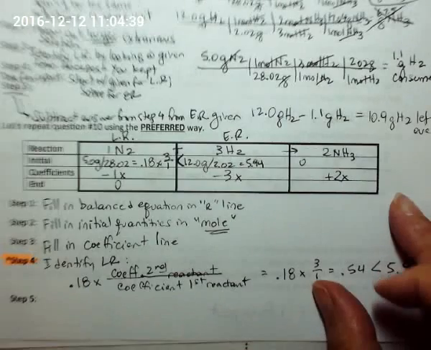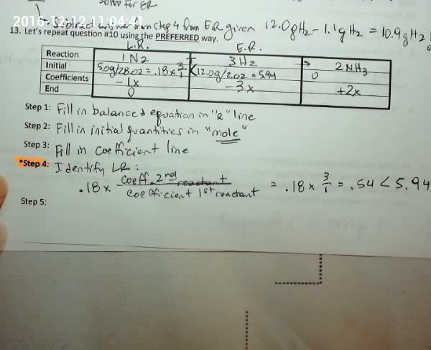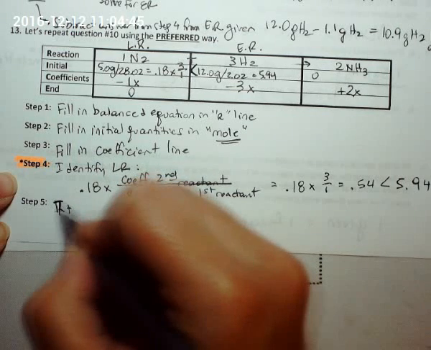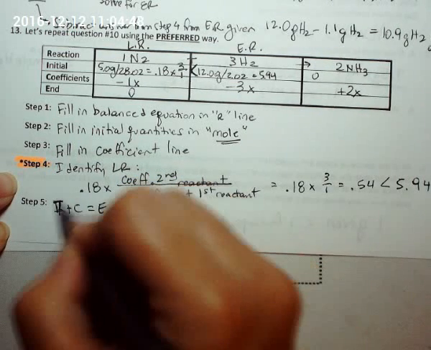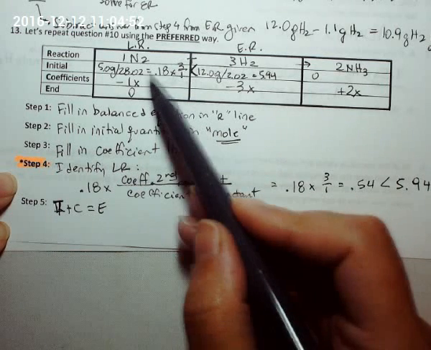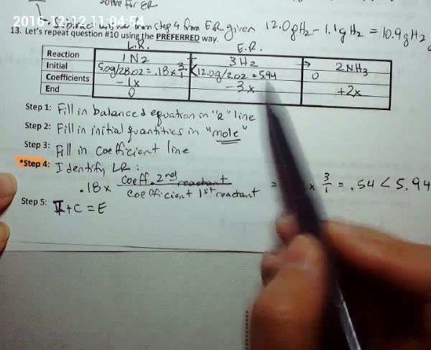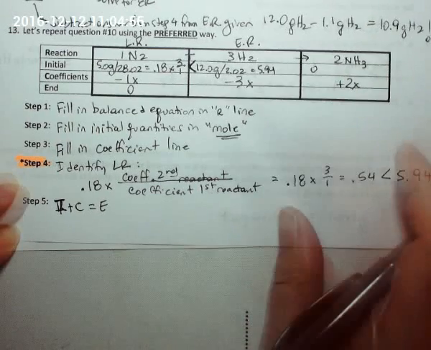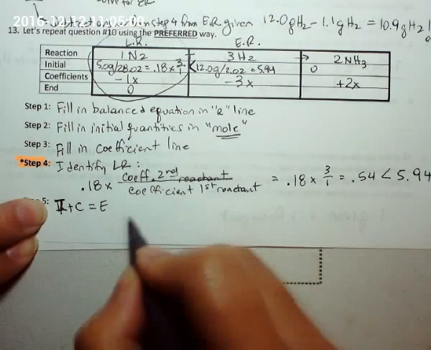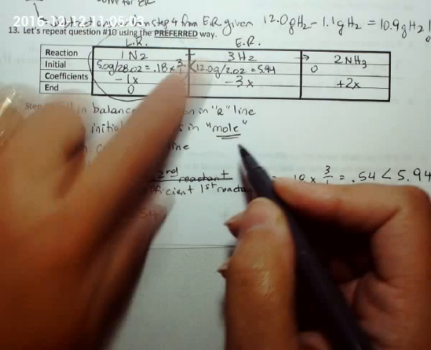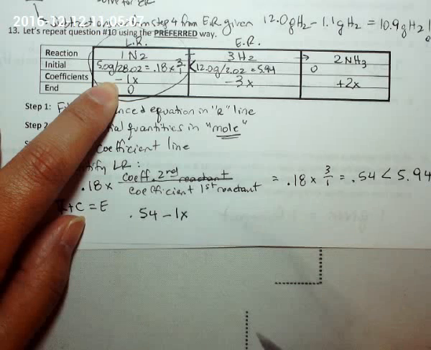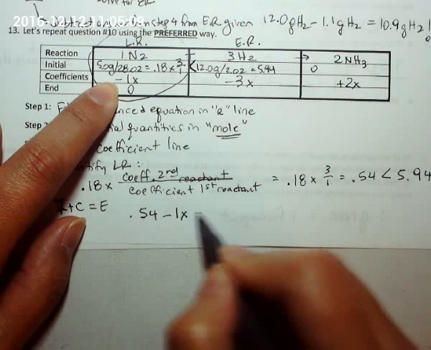Step 5, this is where it all comes into play now. This is the fun part. The R line plus the I line plus the C line equals the E line. So the initial plus the coefficient line equals the end line. We're going to solve for X. And once we have X, we can substitute back in and figure out the rest of these columns. So look at this column here. We said 0.54, what the number was in the I line, minus the coefficient line, minus the C line, equals 0.